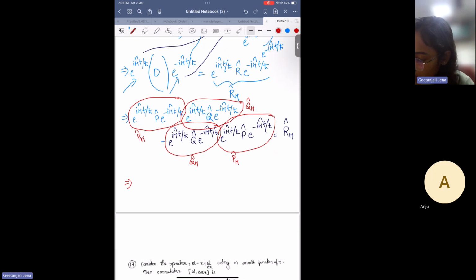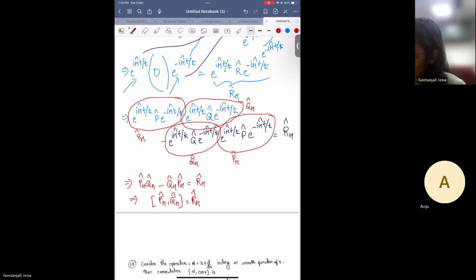So the final expression is P_H multiplied by Q_H minus Q_H multiplied by P_H equal to iħ, which is nothing but the commutation relation of P_H and Q_H equal to R_H.